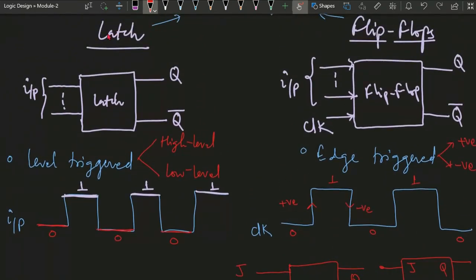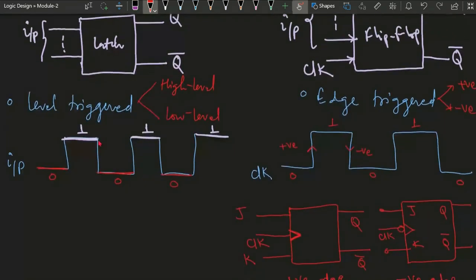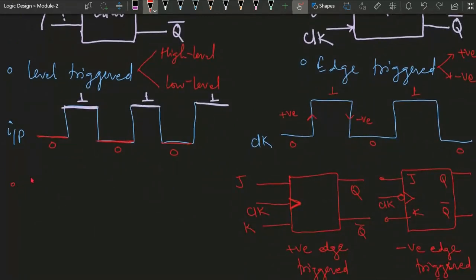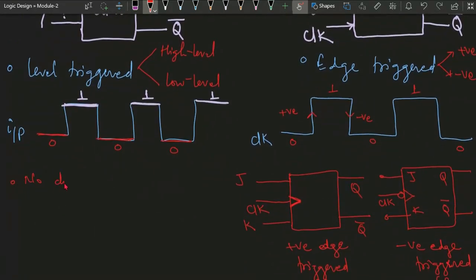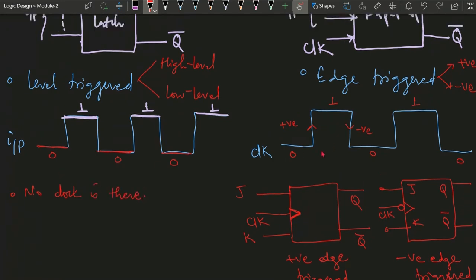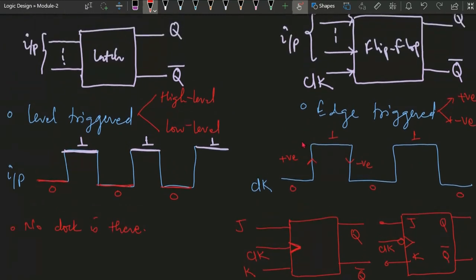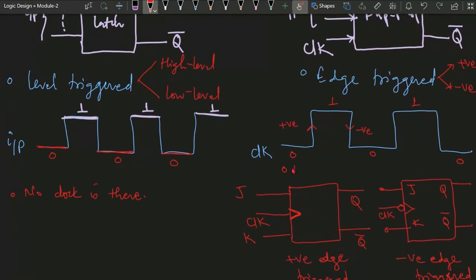So one is like latches without clock. So you can say here no clock is there, but here there will be a clock. In case of the flip flop, there is a clock.